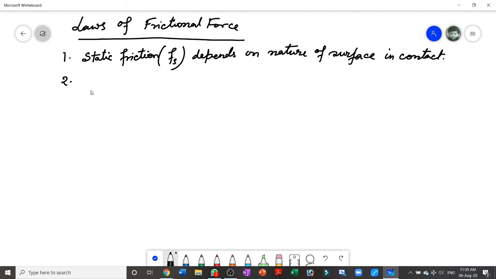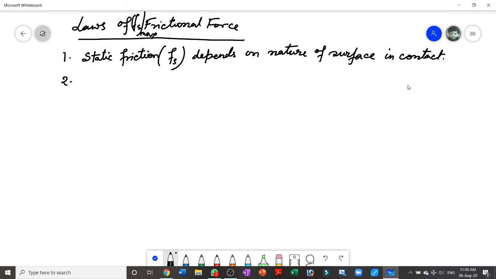Number 2: it comes into action only when any external force is applied to move the two bodies relatively with their surfaces in contact. That means this is actually the law of limiting friction, Fs max.